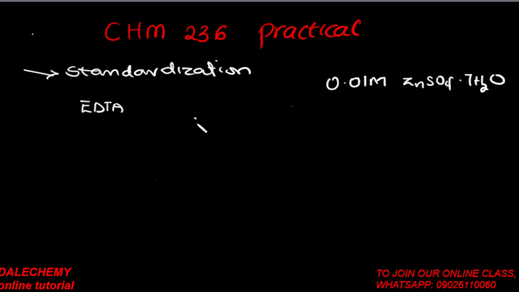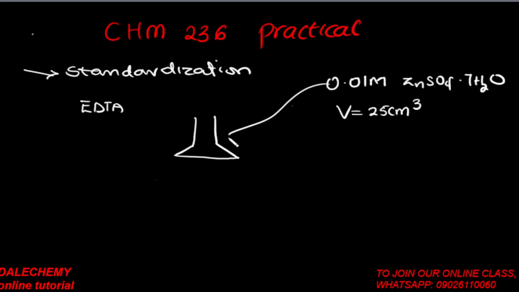So all you have to do is to set up your titration stand, put a known volume of your standard solution, maybe from your pipette if it is 20 or 25 cm cube. So you're going to put that here first. Then you add 2 cm cube of ammonia buffer solution.